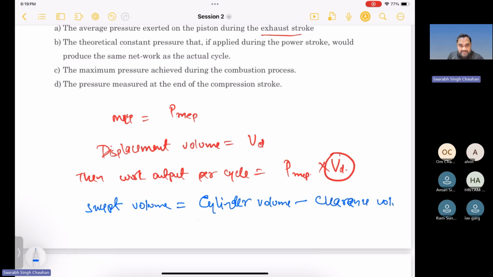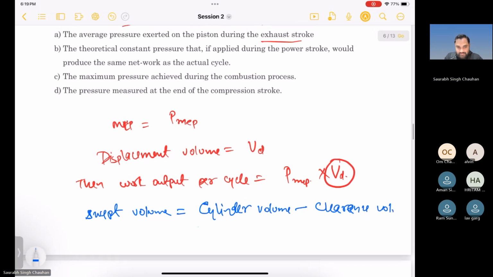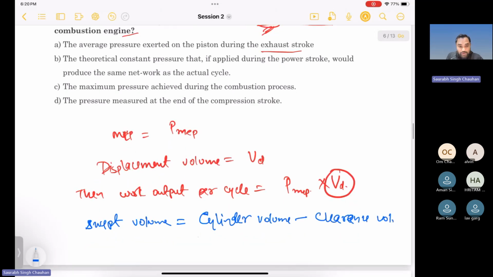And if there are more than one cylinder, then you just multiply this swept volume of one cylinder by the number of cylinders. So if the swept volume of one cylinder is VD and you have 4 cylinders, let us say, then it will be VD into 4.